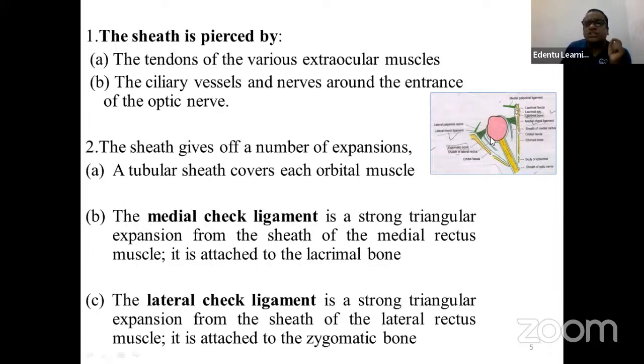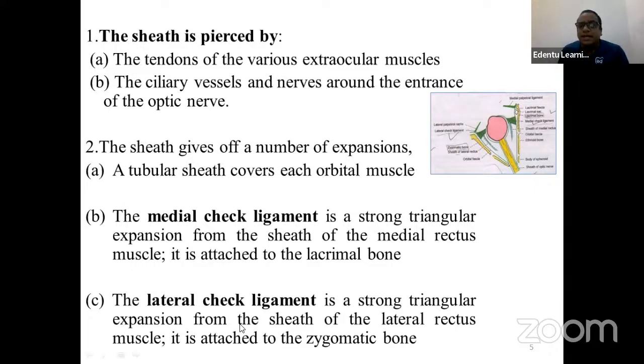Then I told you the sheath gives two extensions, one on the medial aspect, one on the lateral aspect. The medial aspect is connected to the lacrimal bone, so that is called the medial check ligament. You can see here where my cursor is moving. Other things you can read from the textbook. I'm just trying to help you understand this.